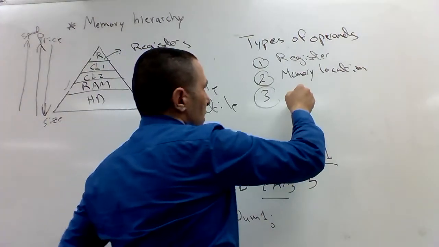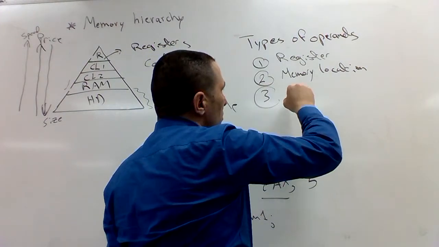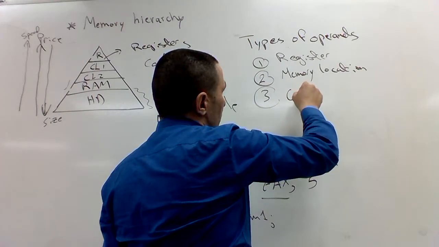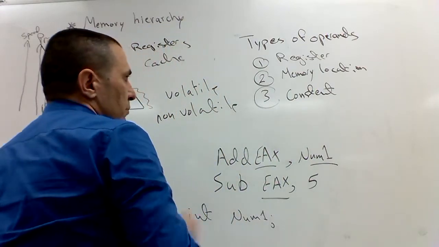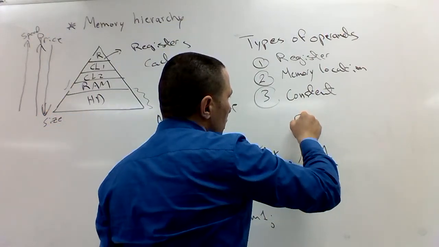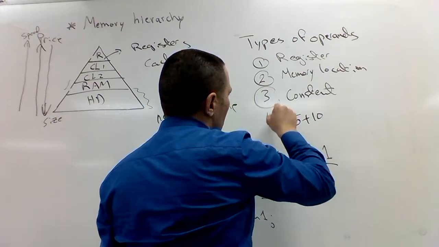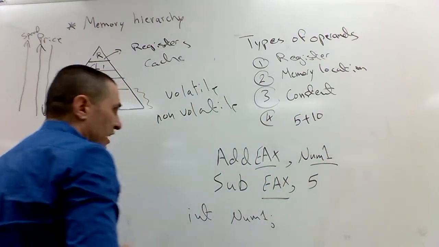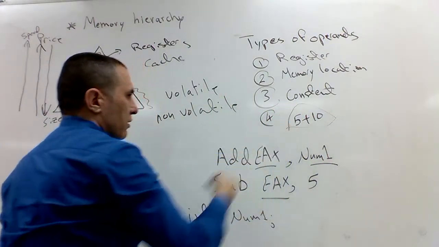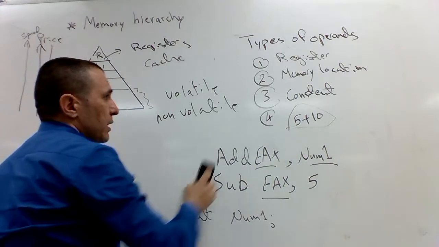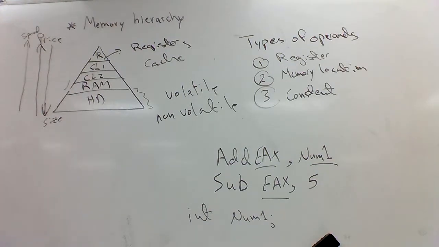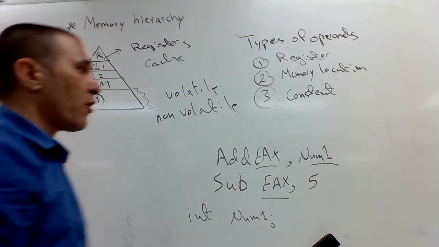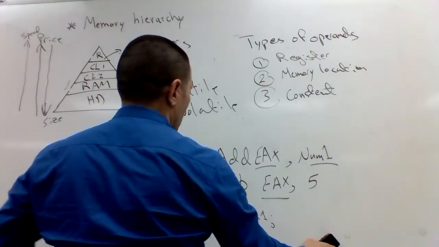And then we have what's sometimes called constant or immediate. Some people say constant expression, meaning 5 plus 10, and they put it as a 4th operand, but I consider it as constant or immediate. So think of them as all constants. 3 types of operand, really important, guys.